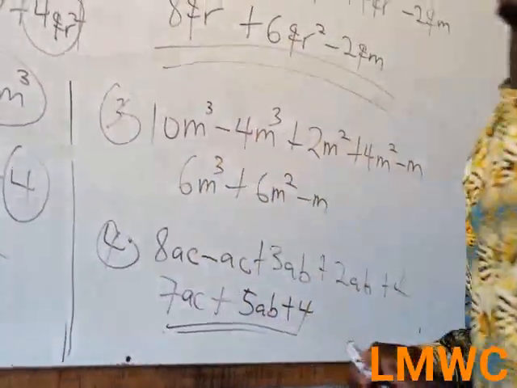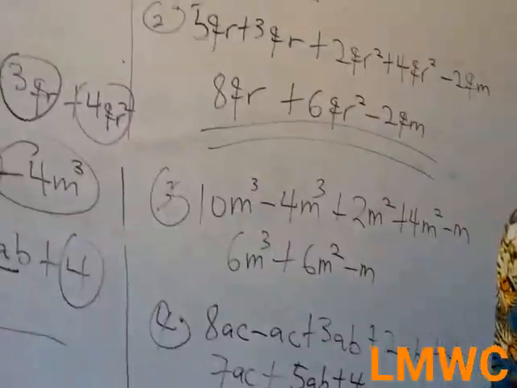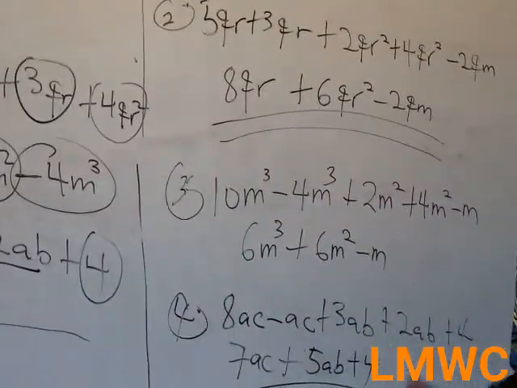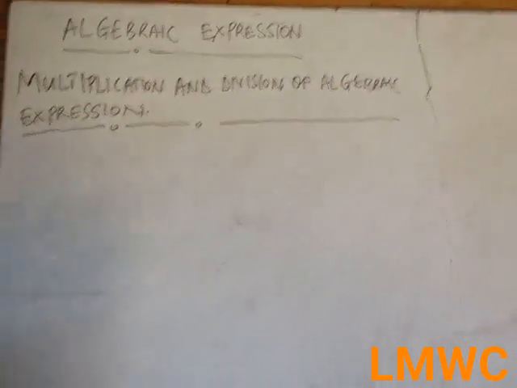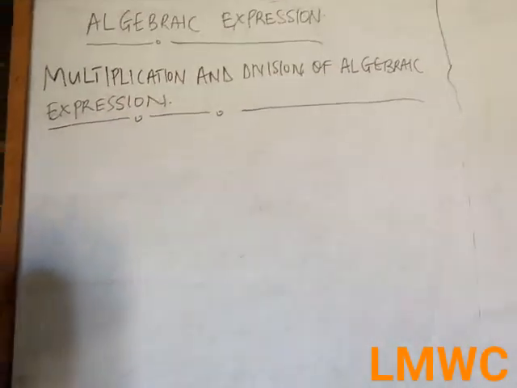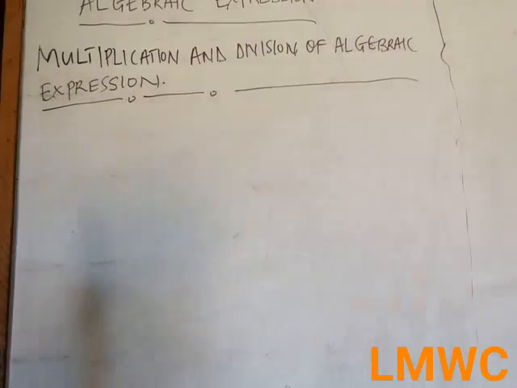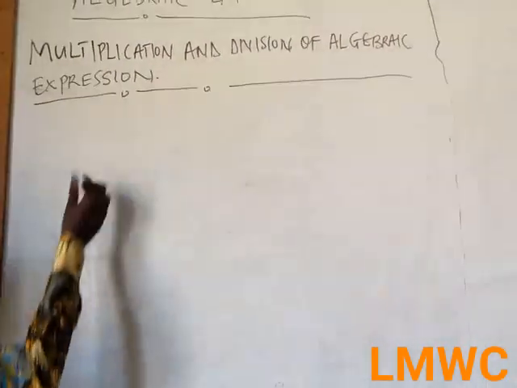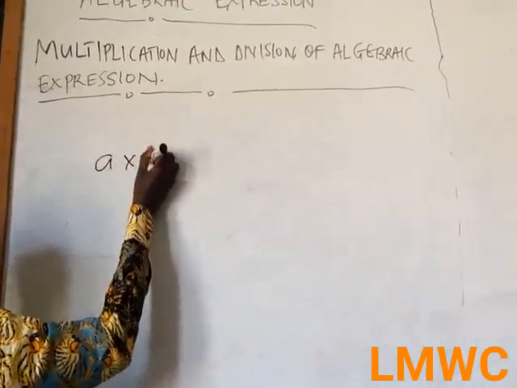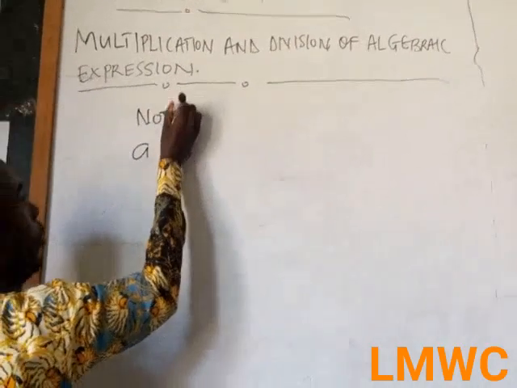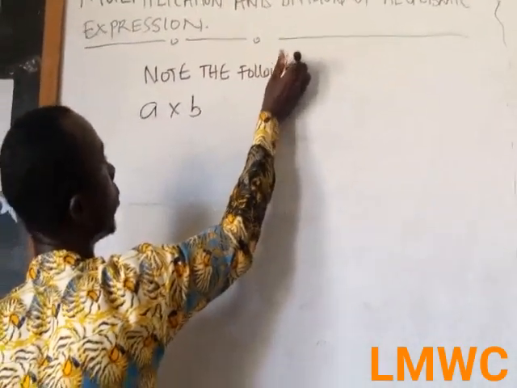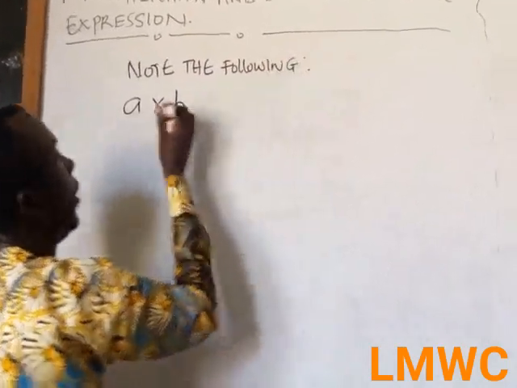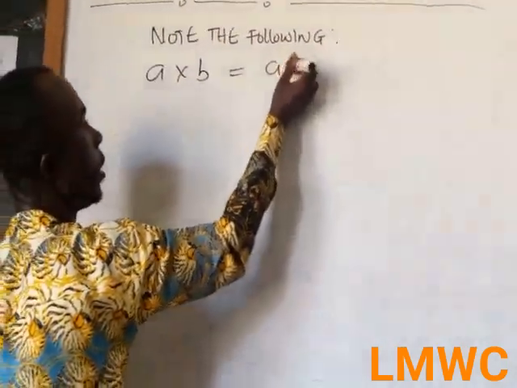That's the answer. So we are moving on to multiplication and division of algebraic expressions. For multiplication and division of algebraic expressions, you should take note of some key concepts. Note the following. A times B is the same as AB.